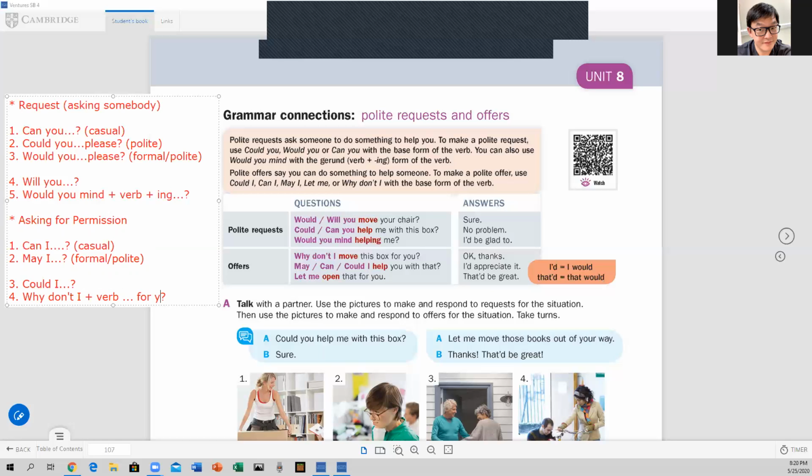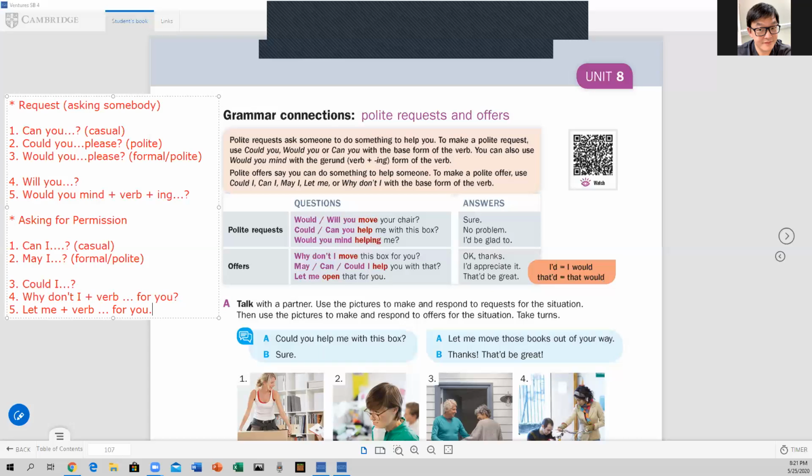And another thing, let me plus verb for you. Let me open this door for you. Let me close the car for you. Let me help you with that. Okay, you can do that. Okay, so these are the things that we've learned.